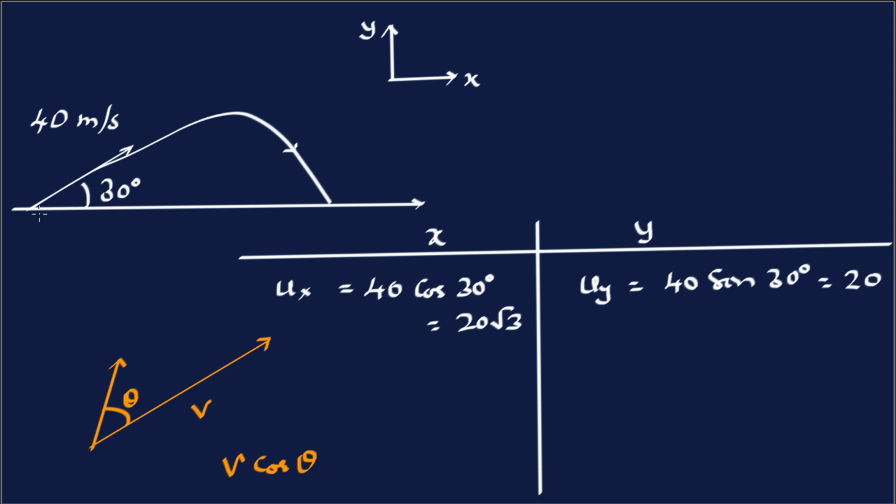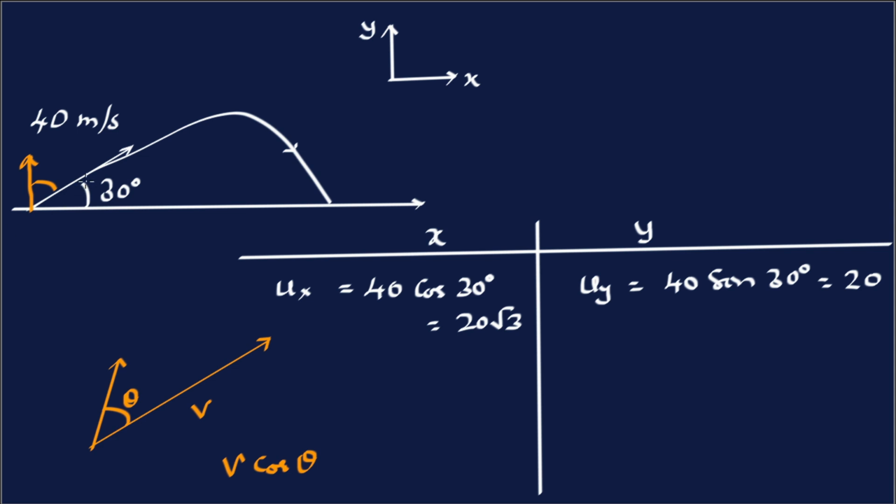So let's apply this. Here is 40 meters per second. It makes an angle of 30 degrees with the positive x direction. So the x component is 40 cos 30. Let's say I want its y component. With the positive y direction, the angle it makes is 90 minus 30.